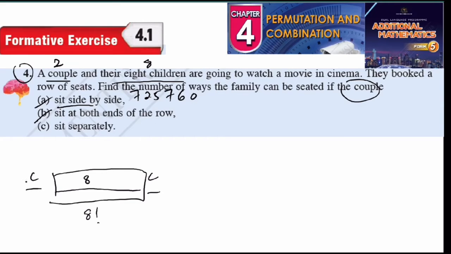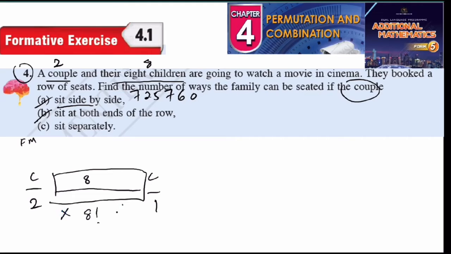There are 2P1 ways, or we can say we have 2 ways to start, but after we start we have 1 way to end. Either father or mother can be sitting at the first space.